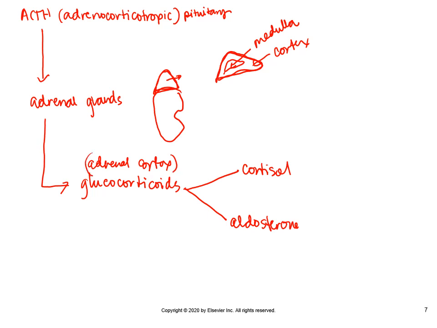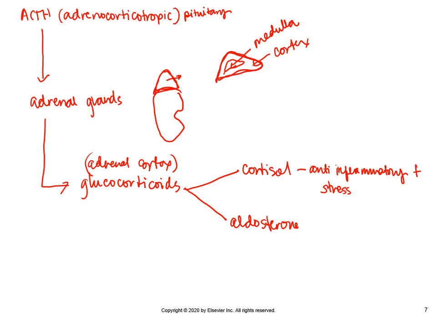So, what is the function of this cortisol and the aldosterone? Remember your cortisol? This is an anti-inflammatory, right? Anti-inflammatory response. Plus, also when the person is under stress. So it's actually for stress response.